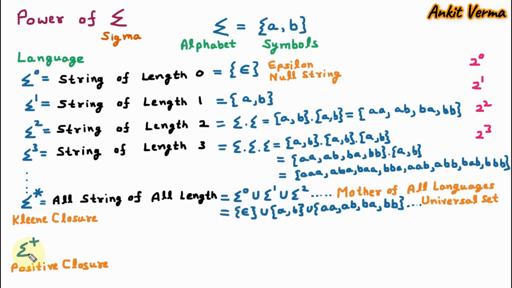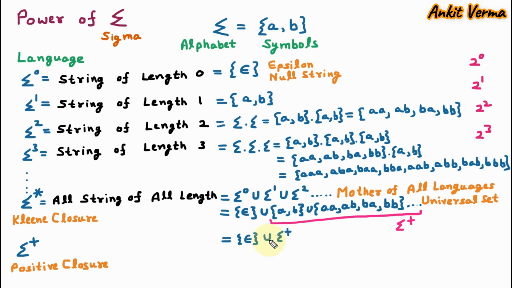But sigma plus, which is positive closure, does not include epsilon. So in sigma star, if we do not include epsilon, whatever remains is called sigma plus. So we can also write sigma star is equal to epsilon union sigma plus.